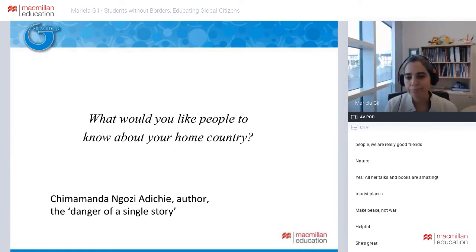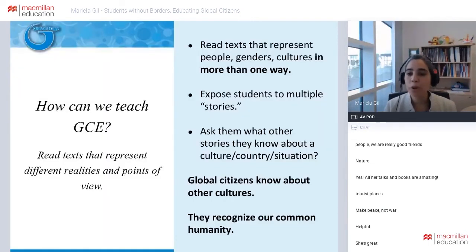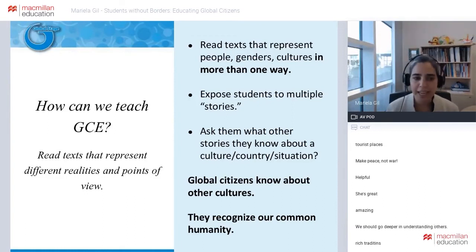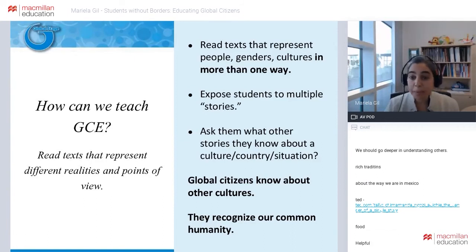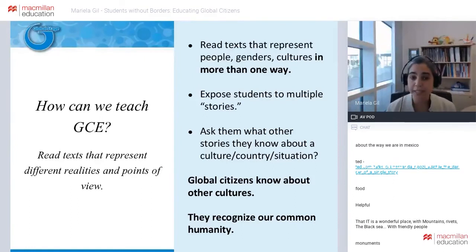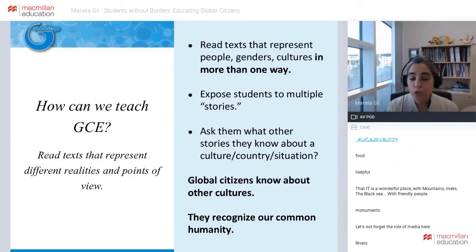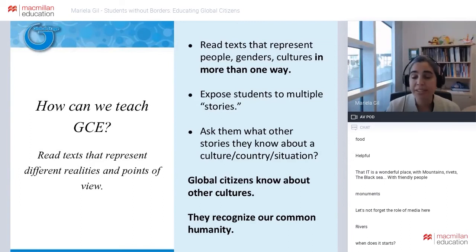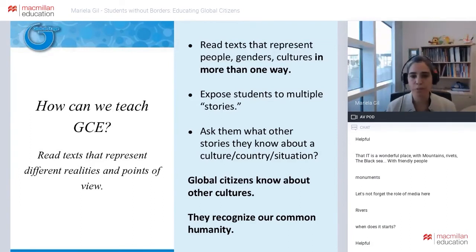So when you are in the classroom, read texts, bring texts that represent different realities and points of view. Depending on the age of your students, have them bring texts in. If you're lucky, you can have a textbook that does this work for you. But show students that there are many different ways to be, expose them to different ways.